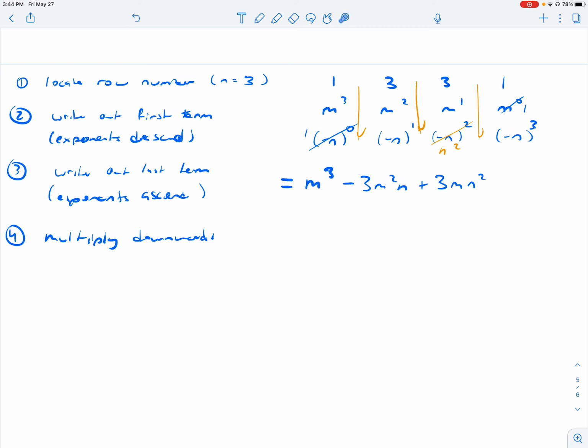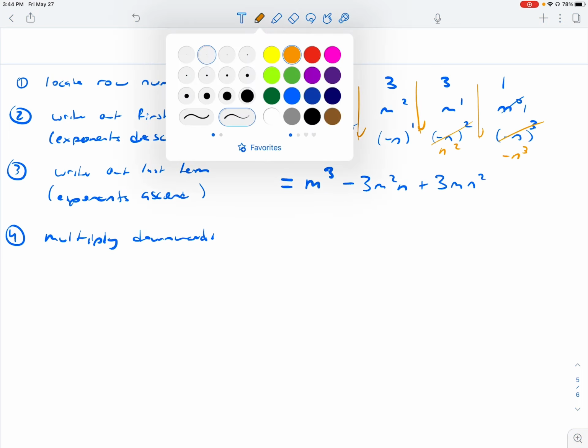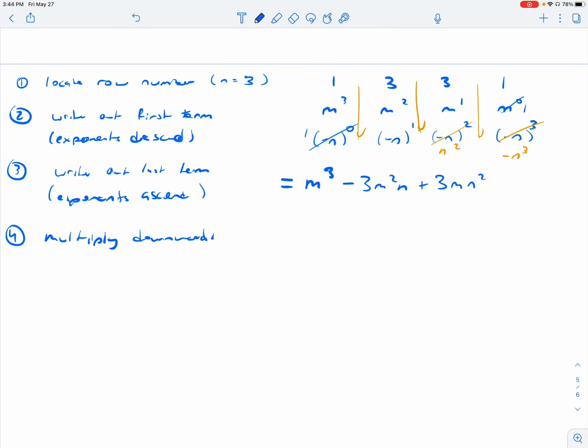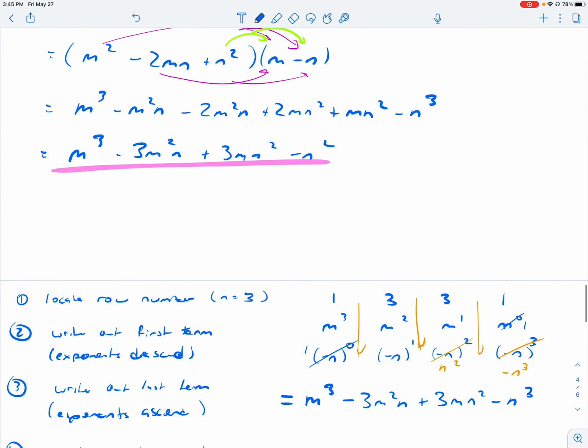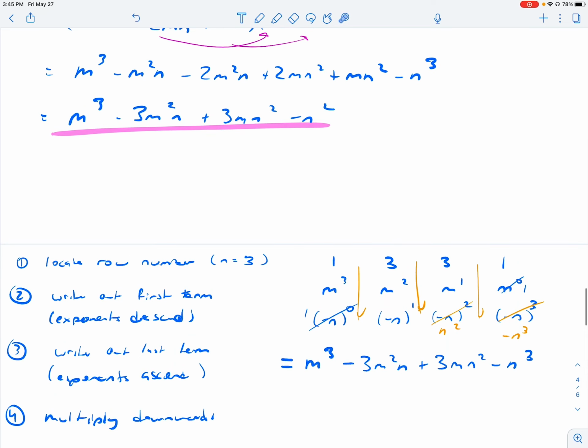And the last one, 1 times 1. This negative n cubed, that's actually going to work out to negative n cubed. Because it's a negative times a negative times a negative. So we have 1 times negative n cubed. That's just going to be minus n cubed.